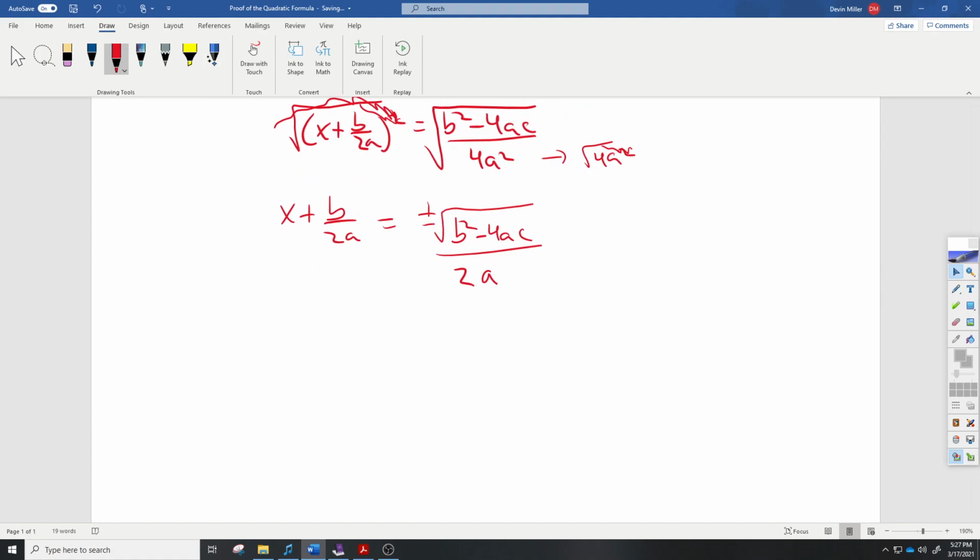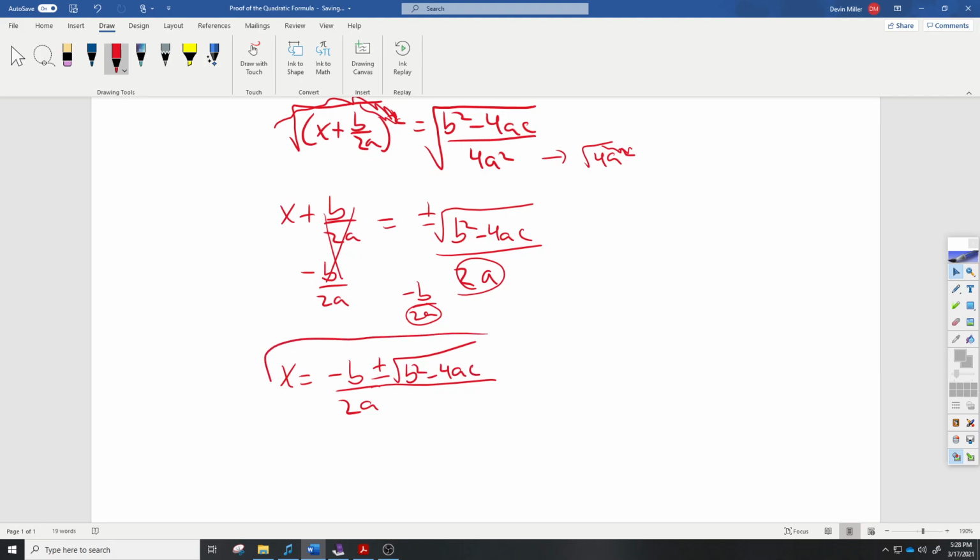And we're almost done here. We have to bring over this b over 2a by subtracting it. Minus b over 2a. So that will cancel those out, and we will get our final answer, x equals negative b over 2a. I don't know if you noticed, but they already have the same denominator. So I'm just going to make this a big fraction here. And then we have plus or minus the square root, b squared minus 4ac.